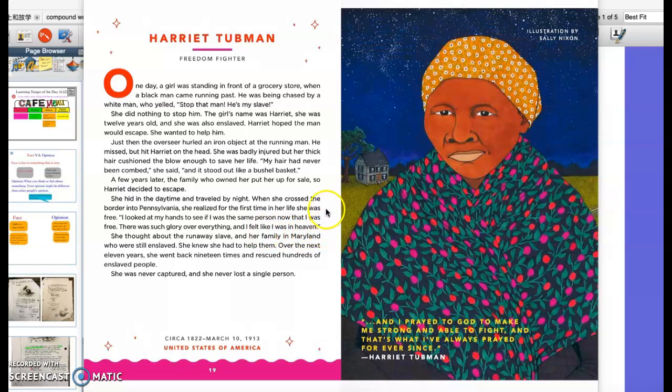Okay, so this paragraph, I read it a little bit fast because this is the paragraph where she escaped and became free. So I put emphasis on words like first time, everything, heaven, to give a little bit more power to those words.